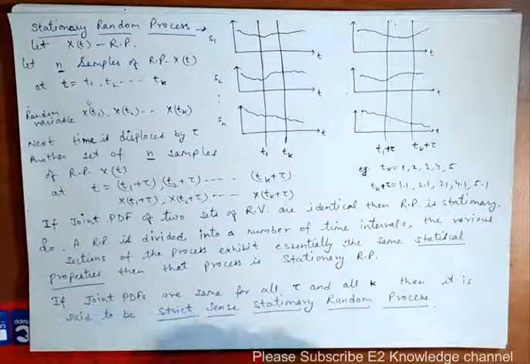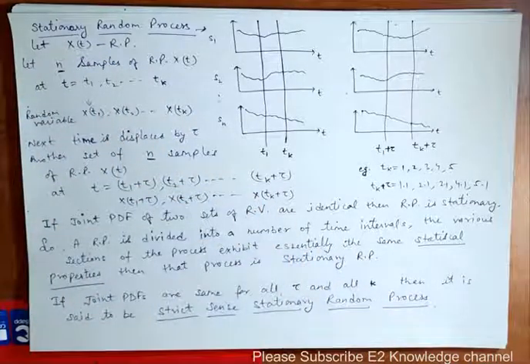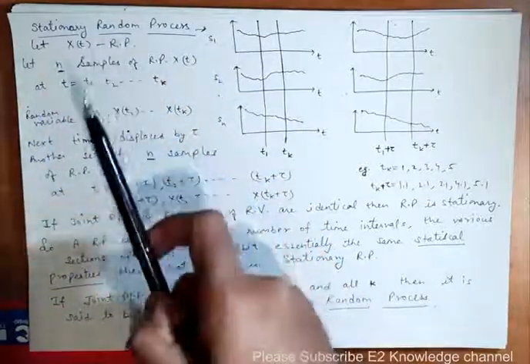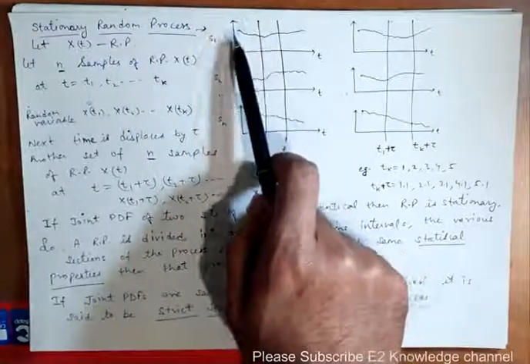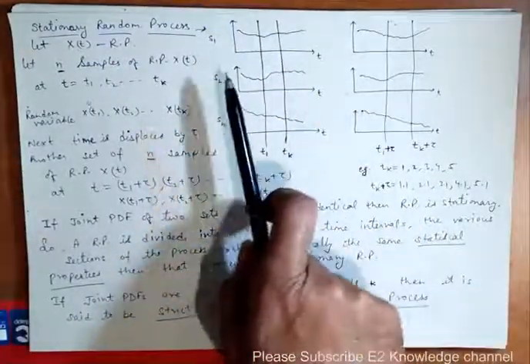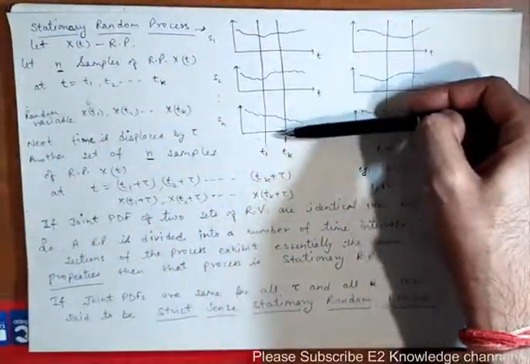Now a further class of random process is known as a stationary random process. As the word says, stationary, it means it will become stationary at some point. Suppose we have plotted a process and observed it in the time interval t1 to tk.